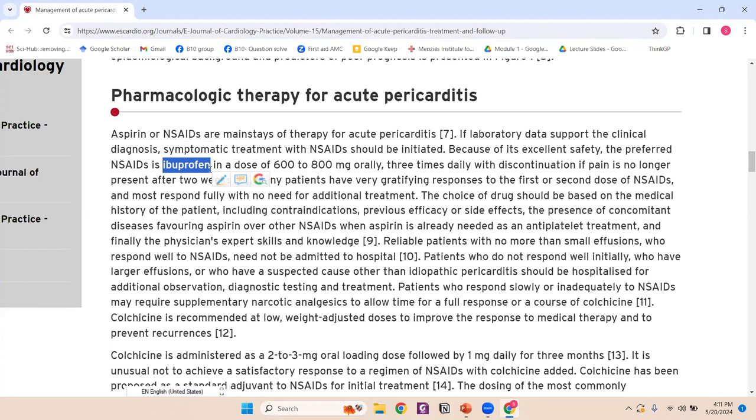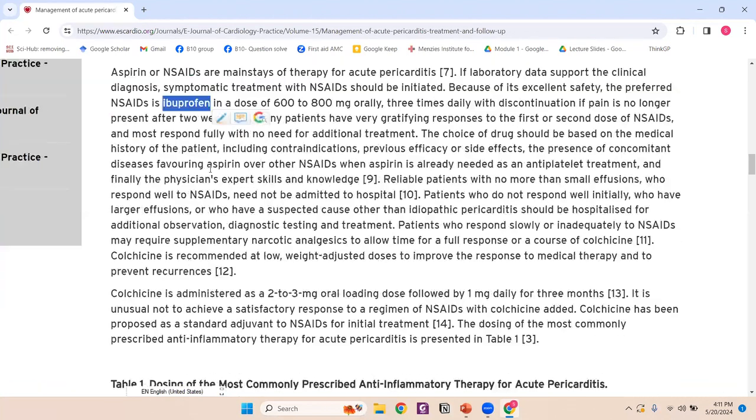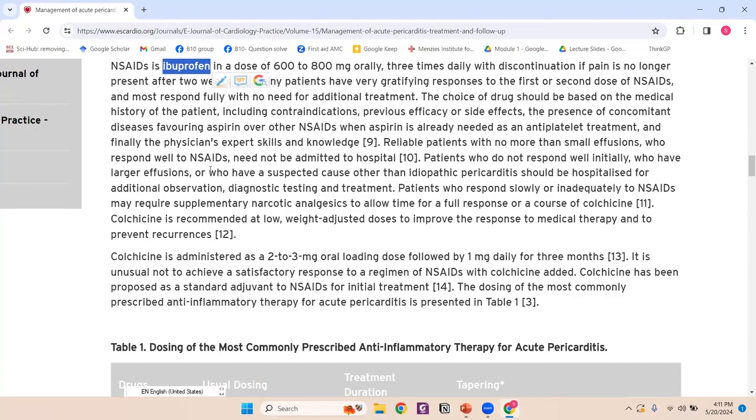But yes, other NSAIDs can also be used. Then you have aspirin, which is an NSAID that you can use. But aspirin is not favored over other NSAIDs in any case other than when aspirin itself is indicated. So if a patient has indications for aspirin, then yes, you can use it.